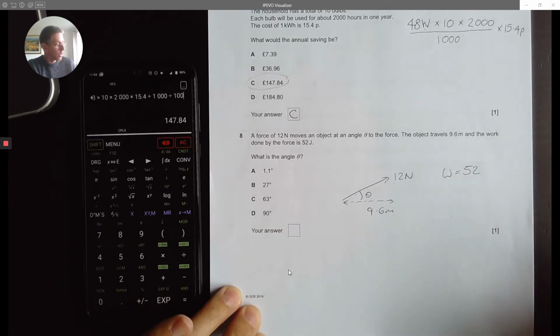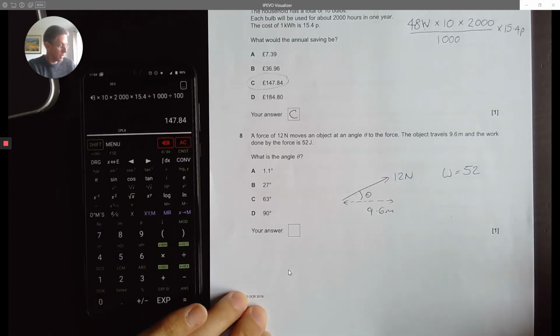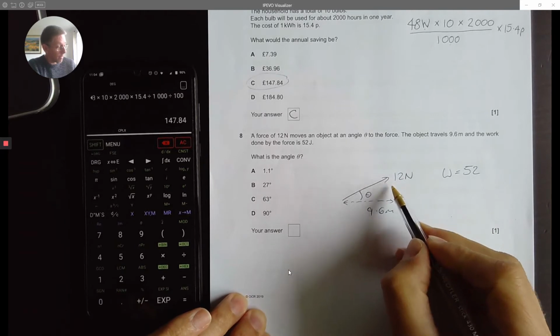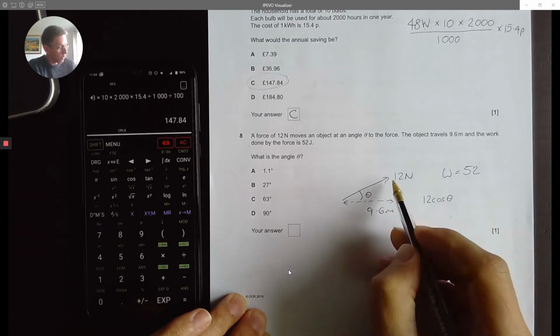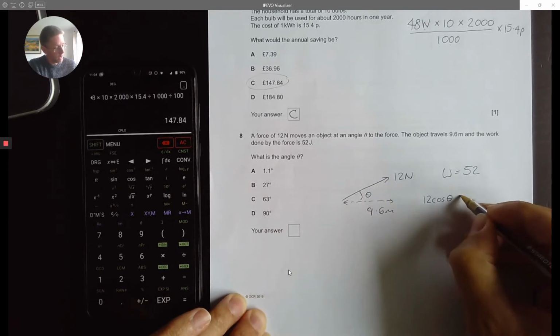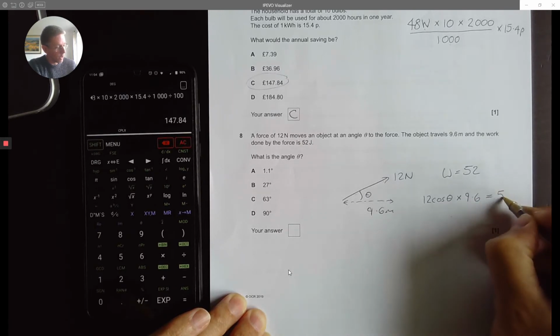So the work done is force in the direction of the distance multiplied by the distance. So the force in the direction of the distance will be 12 cos theta. If we resolve this force round to the direction that it's travelling in, then we multiply by the 9.6 meters, and that's equal to the work done, which is 52.